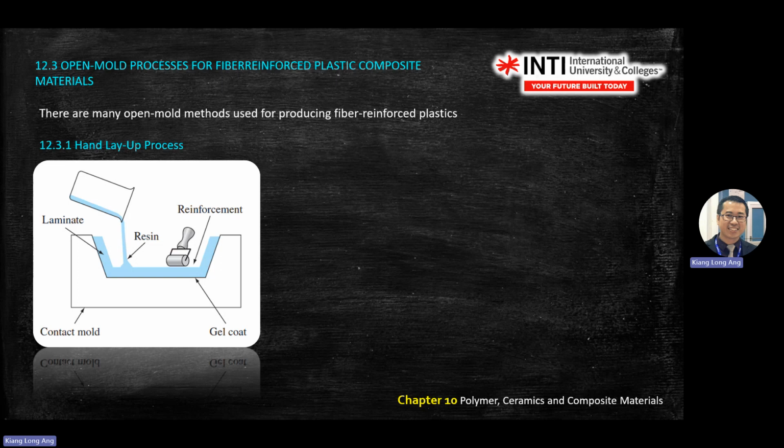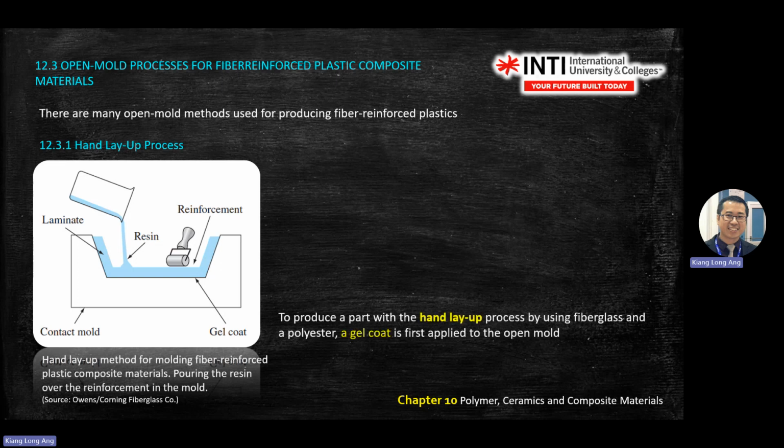You pour in the resin. Then sometimes you need to use a tool to press it, because it's in liquid form like a glue. Laminate means one layer. You do it layer by layer and so on.